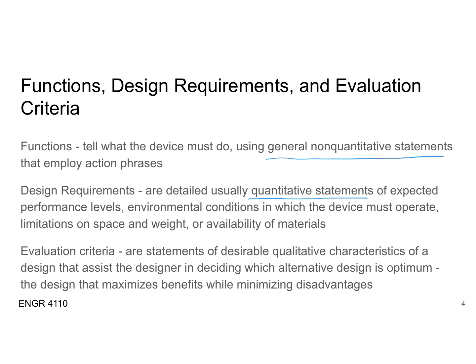And then evaluation criteria are statements of desirable qualitative characteristics of a design that assist the designer in deciding which alternative design is optimum. This is the technical feasibility of different alternatives that you will be selecting on.